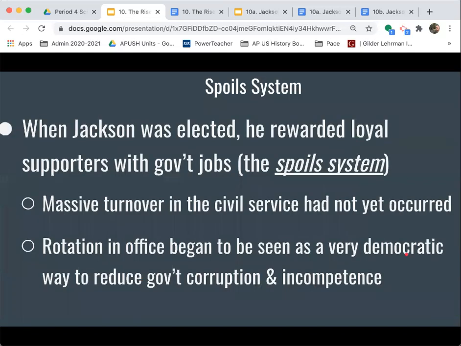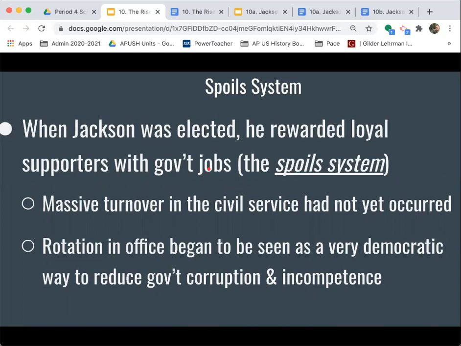So the spoils system is a phrase, a good phrase: to the victor goes the spoils. Basically, if you win, you get the rewards of winning. So Jackson's argument is, I won. I won this election, and I need the rewards of winning. So I'm going to give all these government jobs, all these jobs within the systems of government, it's called the bureaucracy now.